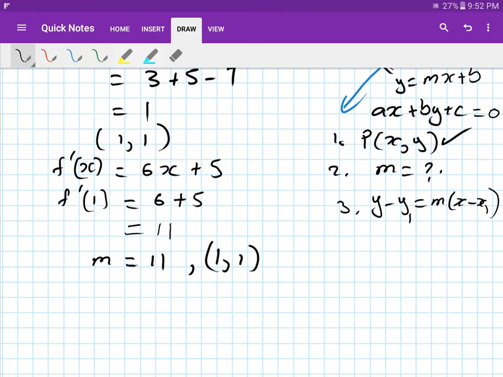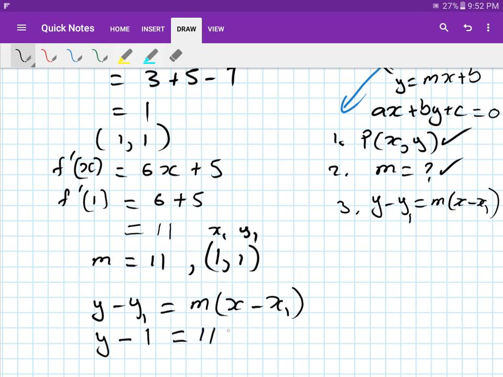So I've found the gradient and I've found the point. Now I'm just using this formula to find the equation of the tangent. So y minus y1 is equal to m times x minus x1. So y minus 1, this is x1, y1, equals 11, m is 11, times x minus x1, which is 1 in this case.